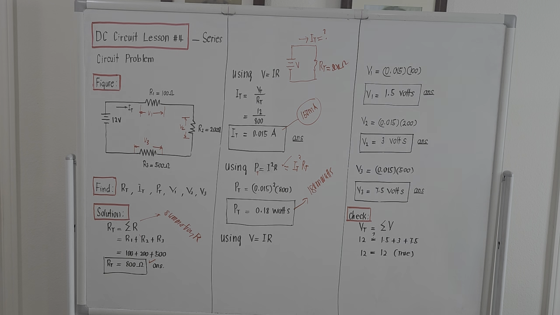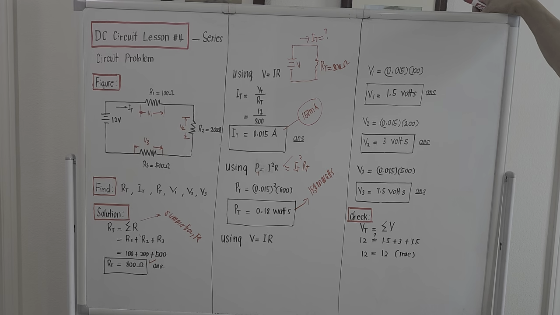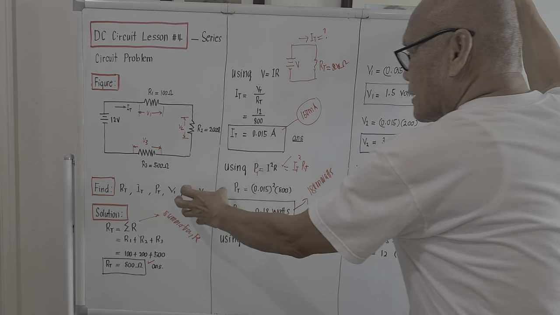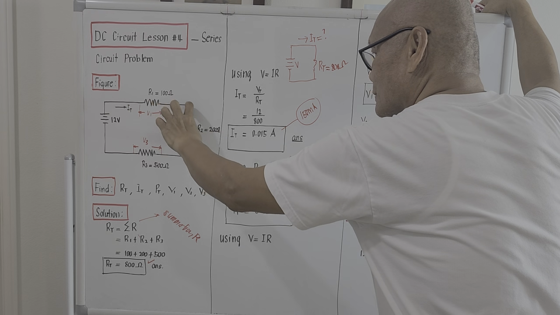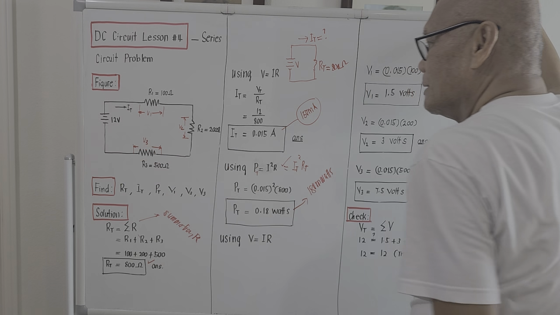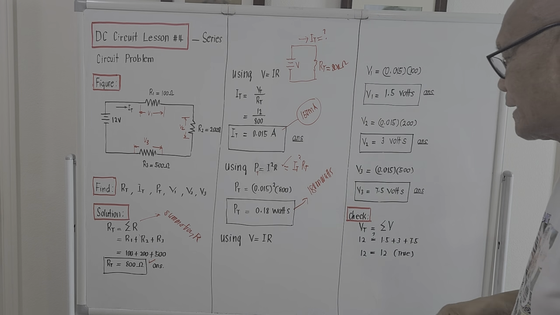Okay. Next one. The next one is just the individual voltage drops across the individual resistances. That is V sub 1, V sub 2, and V sub 3. By using again the equation voltage equal to IR, we could compute for the individual voltage drops across each resistance.